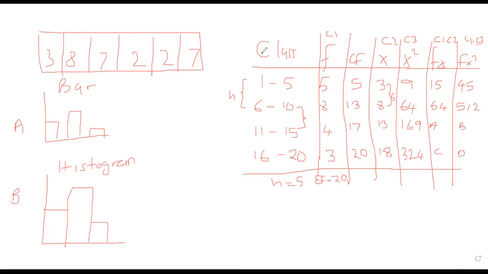The way we get A is by multiplying 4, the frequency, by the x figure, which is 13.